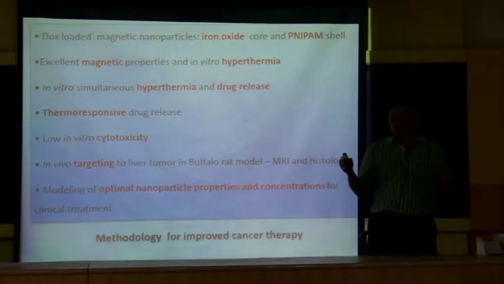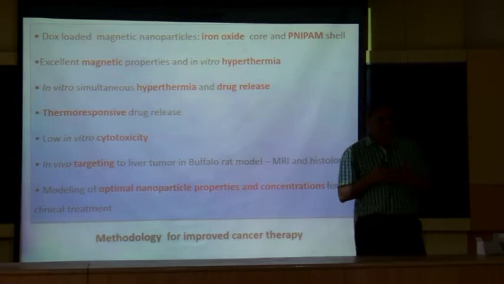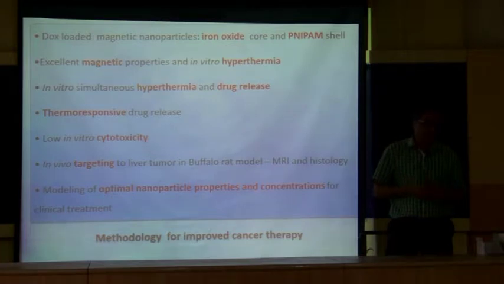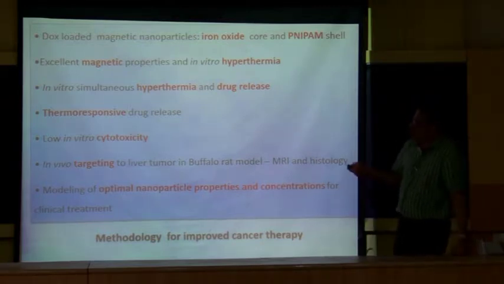So I just want to summarize this part of the talk so that you have some idea. We've done some other work, but I don't want to make the story go in different directions. We've applied this to other systems like immunotherapy, which is also very interesting, a very hot topic, using the immune system for therapy. Anyway, for this particular part, as I told you, we used doxorubicin loaded magnetic nanoparticles.